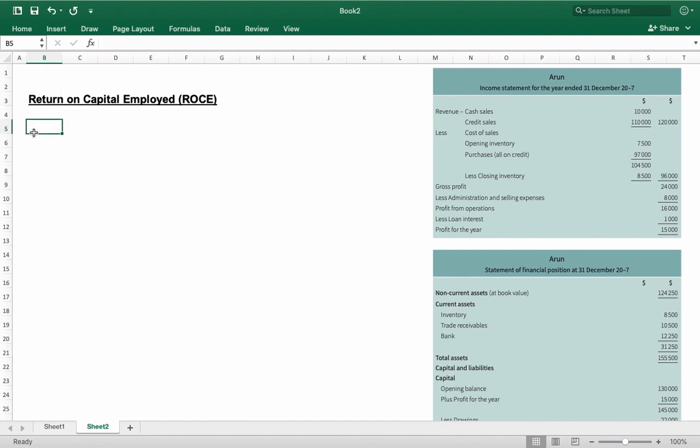Before we see the formula to be used to calculate return on capital employed, first we need to understand what we mean by return and what we mean by capital employed. Capital employed means long-term funds invested in the business.